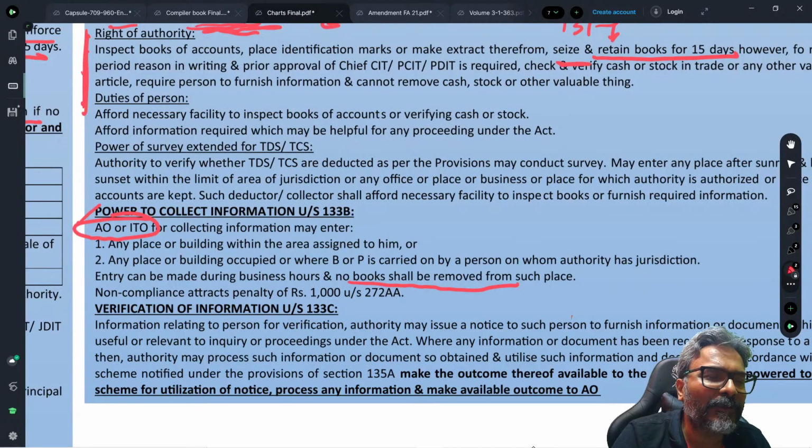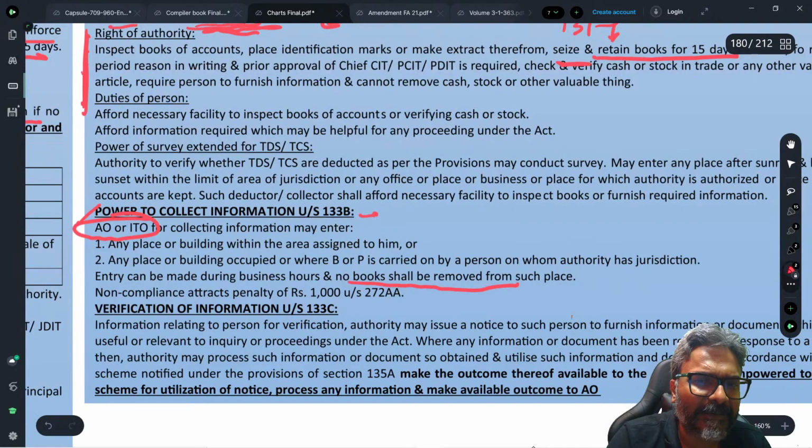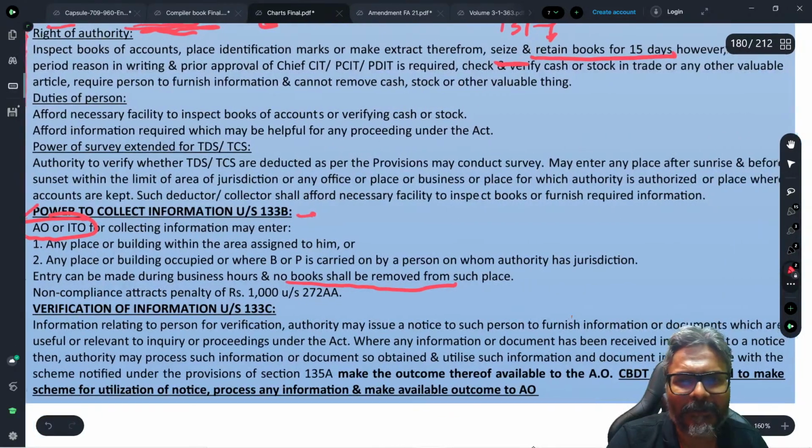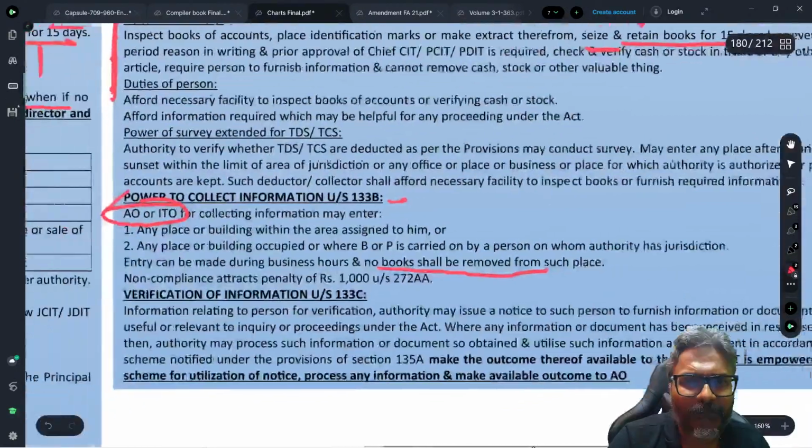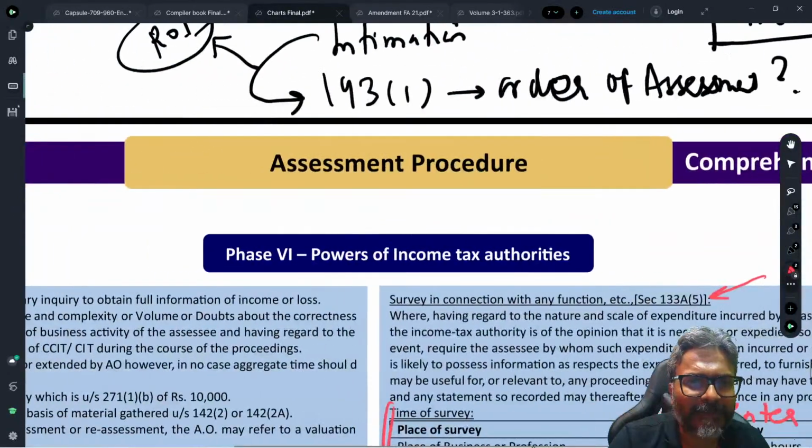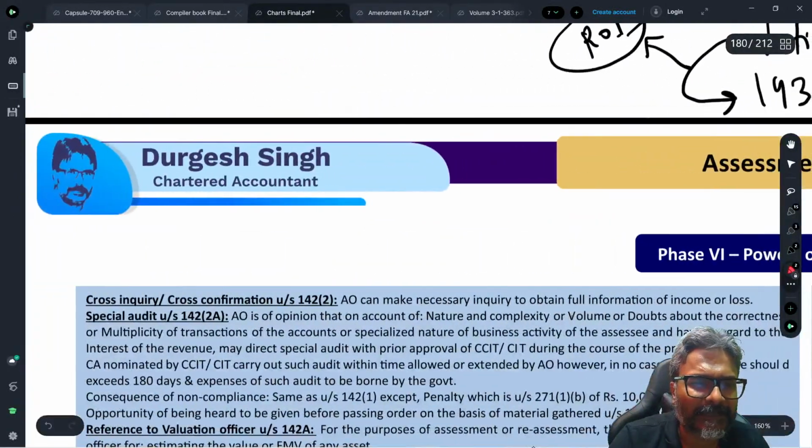This is the way you need to identify whether it is 133A or 133B. Is that clear to all of you? You will nowhere find written in 133B that it is about the survey. Is that clear, students?